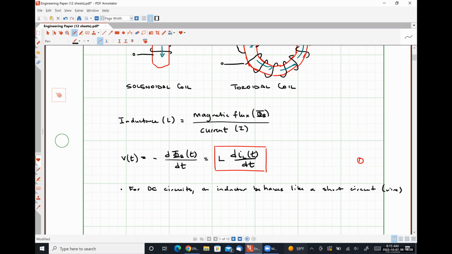Now, whenever the current changes, that's when things get interesting. And we actually have to start using a little bit of calculus in this class. Okay. So the other thing that we can glean from this mathematical statement, V is equal to L di by dt, is that the current flowing through an inductor cannot change abruptly.